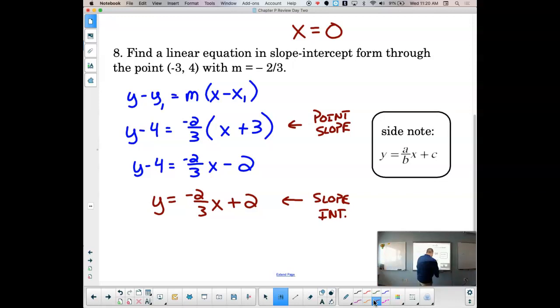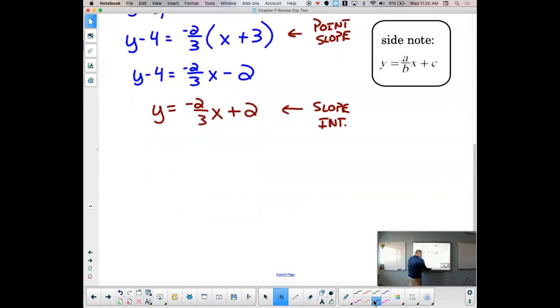If I wanted to go one step further and I wanted to make it be standard form, I would first have to multiply everything by 3. And then I would have to get x and y on the same side.